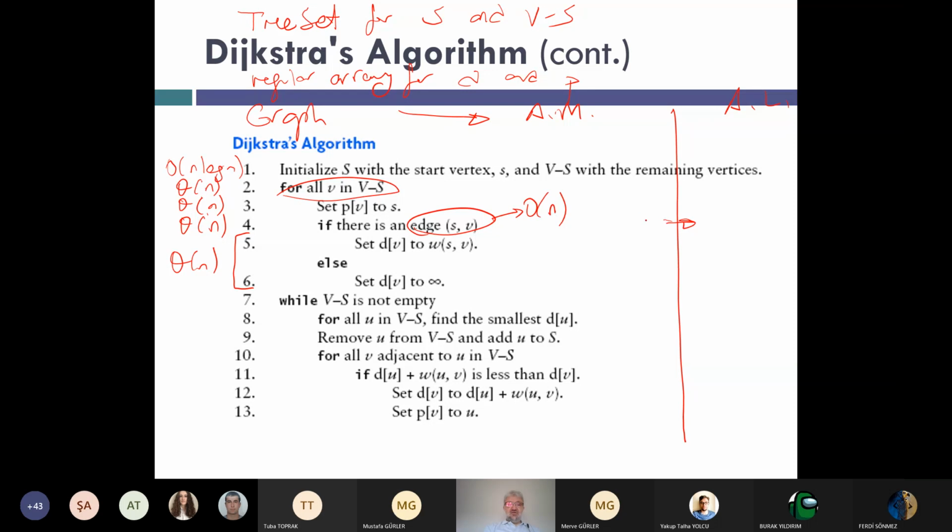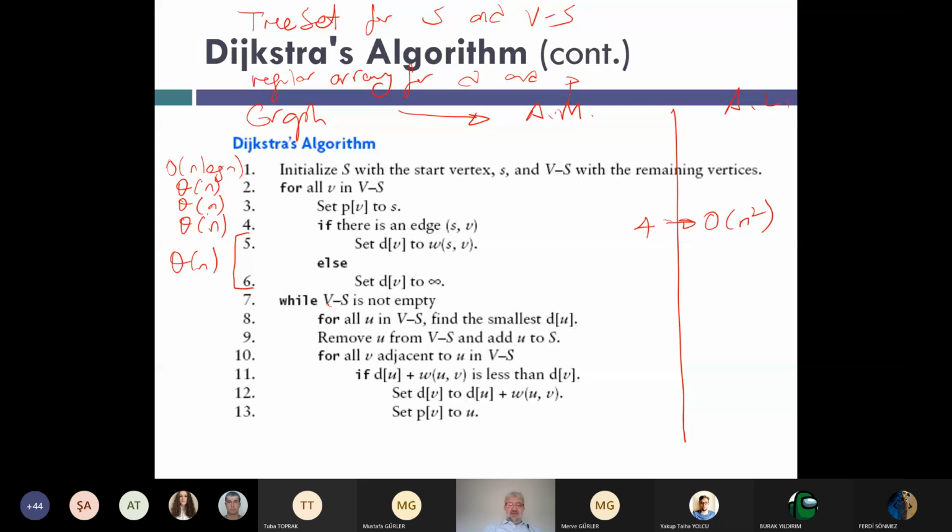So line 4 will take O(n squared) time for adjacency list. You have to be careful about it. If you check for each vertex whether there is an edge or not, it may take quadratic time. Clear, right? Let's continue.